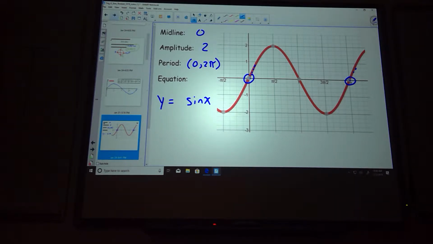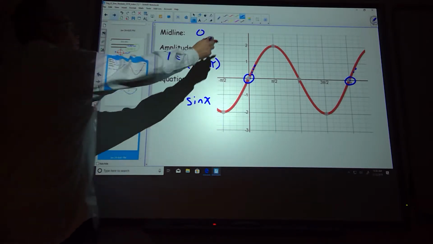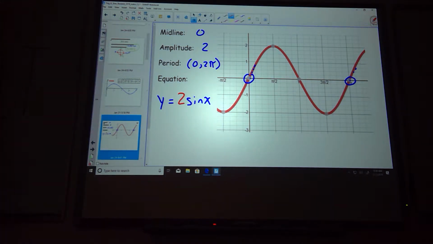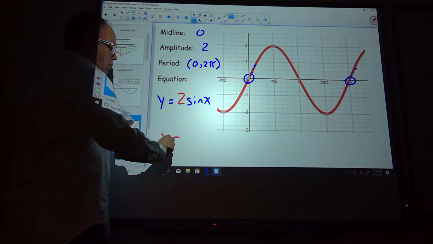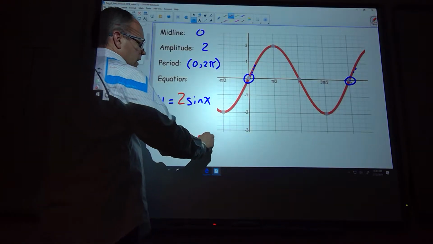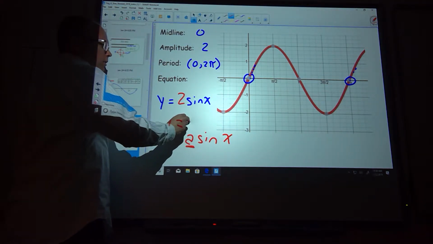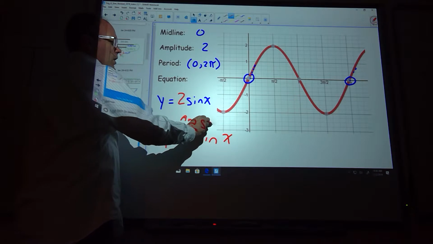What stretches things in the vertical direction? It's like an a value, right? So that's that. And we're done. So y equals a sine of x, or theta. This talks about the amplitude. It's how tall it goes.